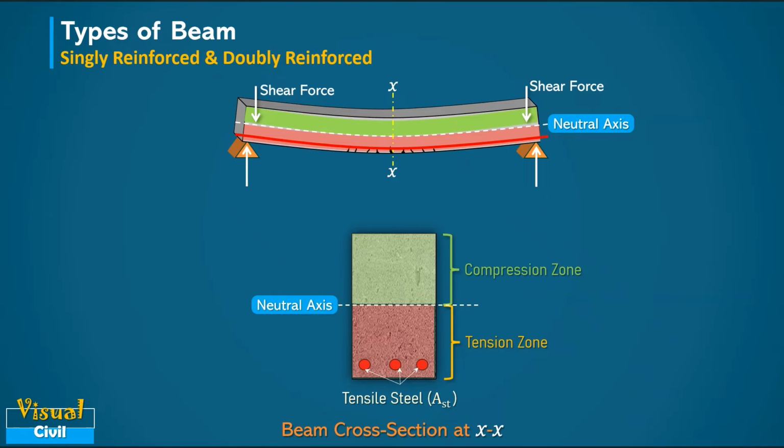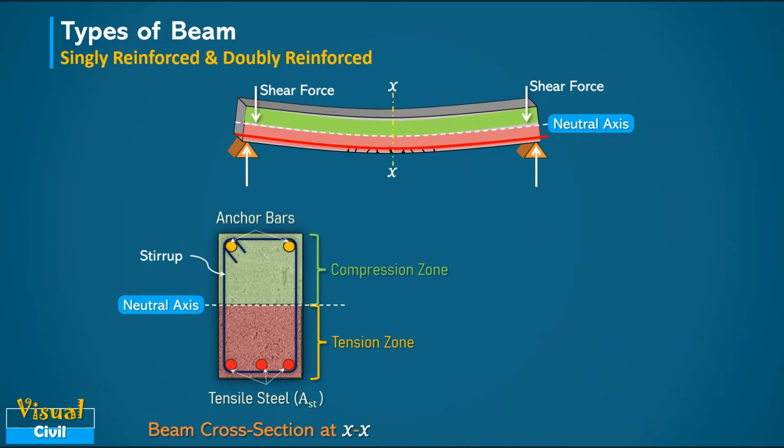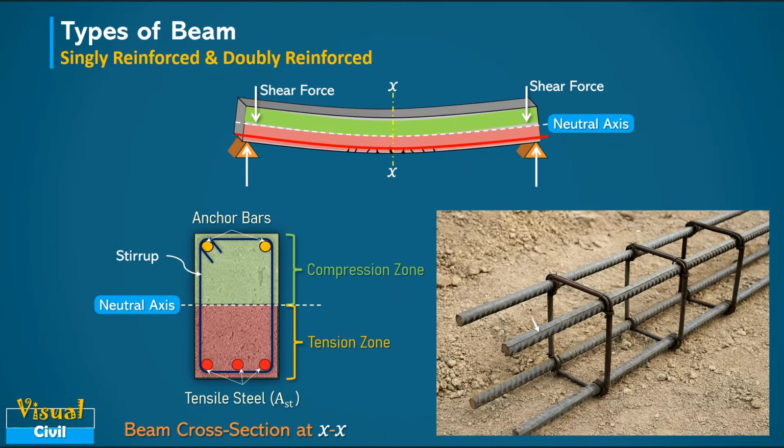To resist this, shear reinforcement is provided in the form of stirrups. And to hold these stirrups in place, we need at least two anchor bars in the compression zone, located at the top of the beam. That means, in practice, beams have a minimum of two bars at both the compression and tension faces.